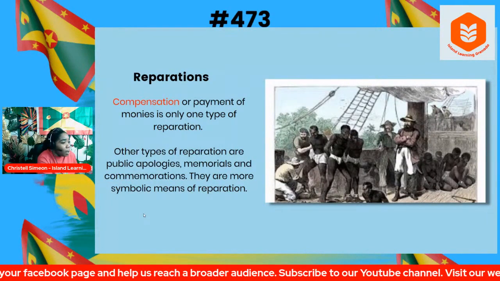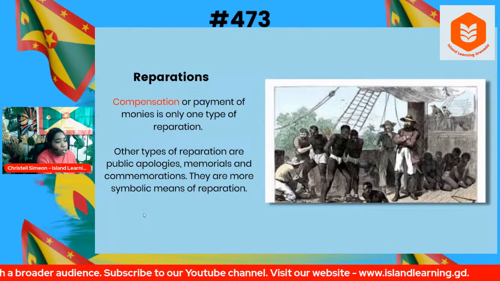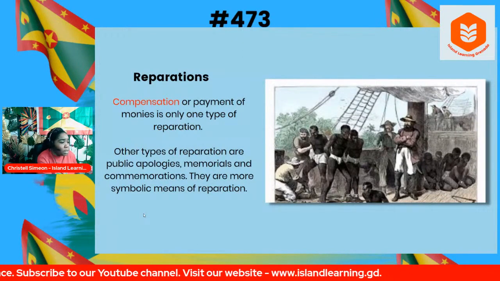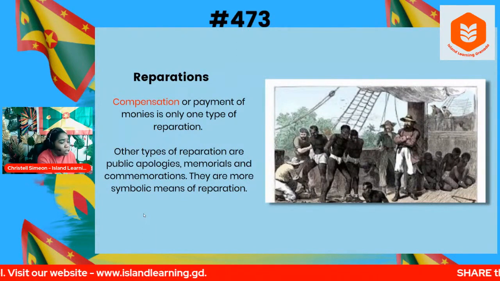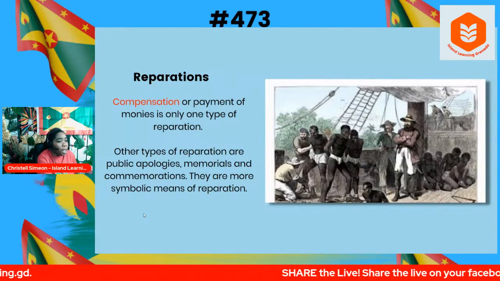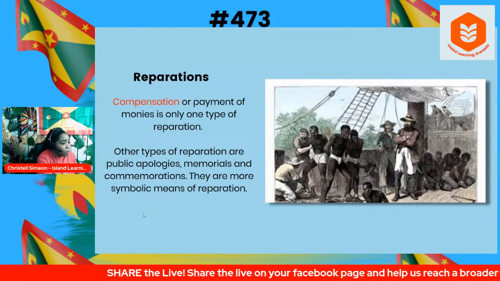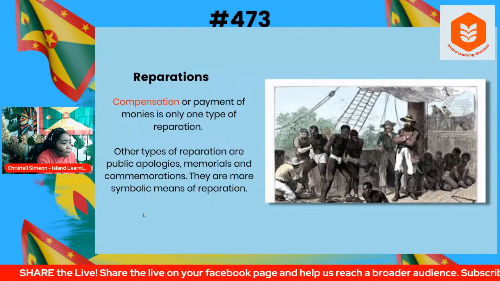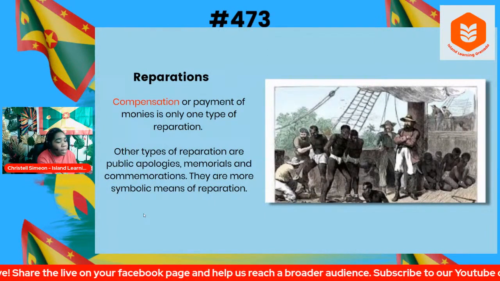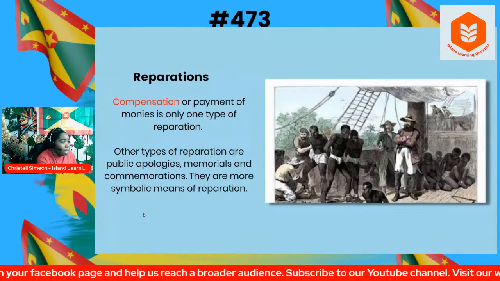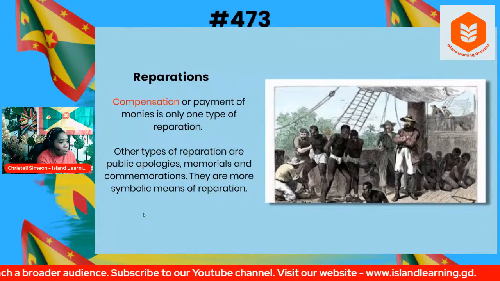There's also memorial, so a memorial that is held to honor the victims or the families of the victims or the descendants who have been impacted directly due to the human rights violation. That is also another type of reparation. So you could hold a memorial, and that's another type. And then also commemorations.